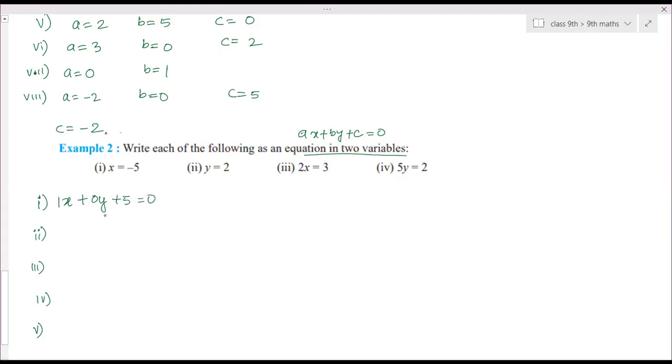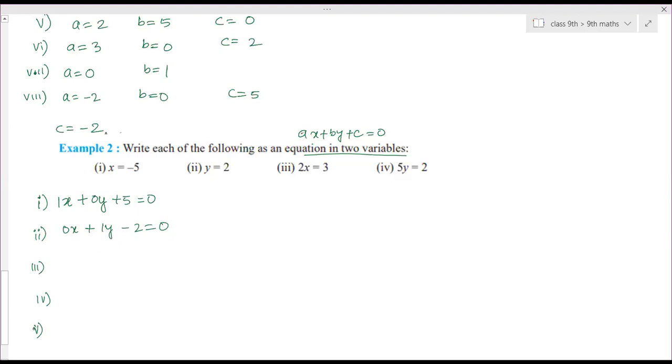Okay, very good. Then Pranjal, next question. Yes, ma'am. For the second one, 0x plus 1y minus 2 is equal to 0. Trishila, third one.